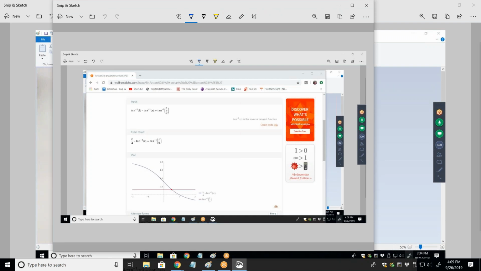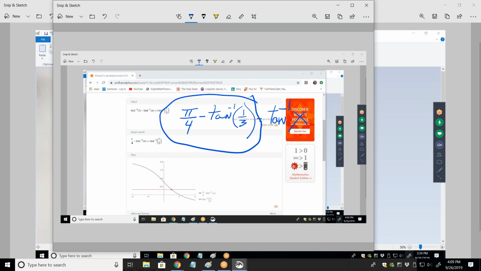In other words, this is what I'm suggesting. Pi over 4 minus inverse tan of 1/3 is going to equal the tan, or excuse me, the inverse tan of x. So turn that into a number.